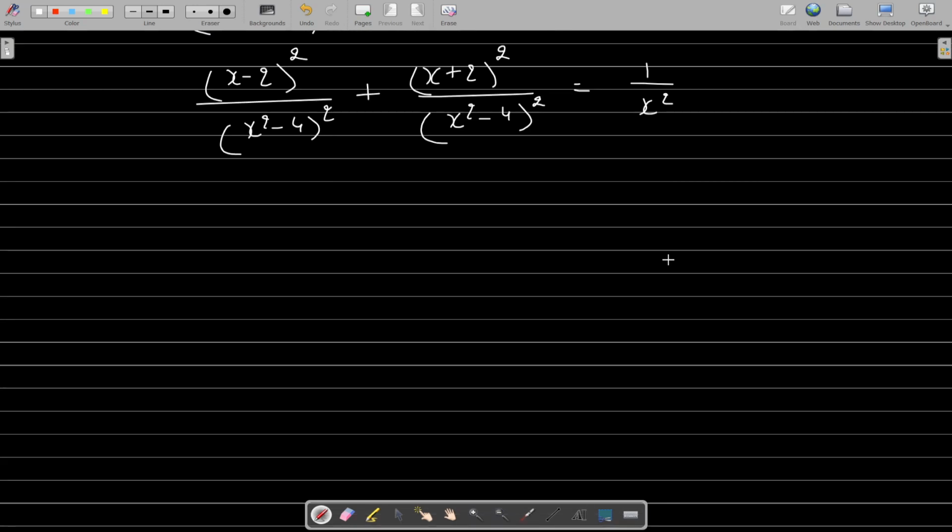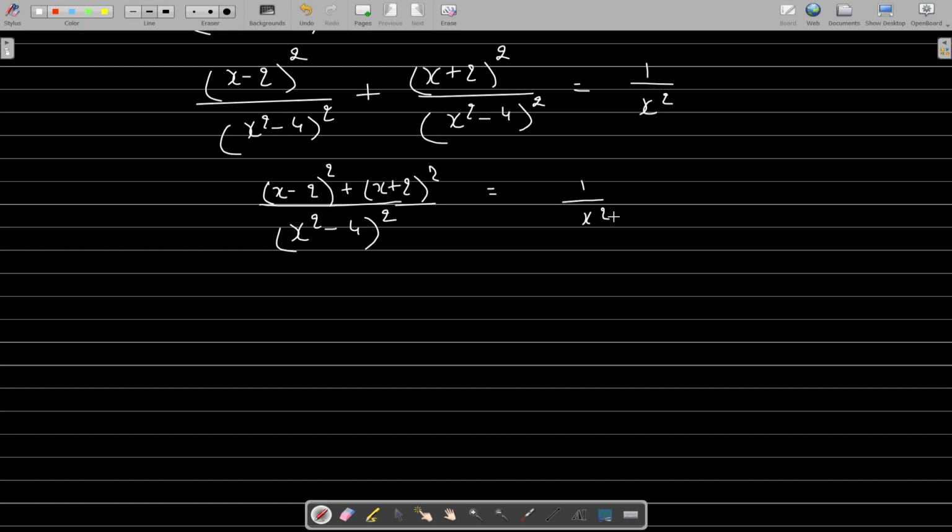All right, now the denominator is the same on the left hand side, so I can easily add both the terms, which is x minus 2 squared plus x plus 2 squared is equal to 1 upon x squared.